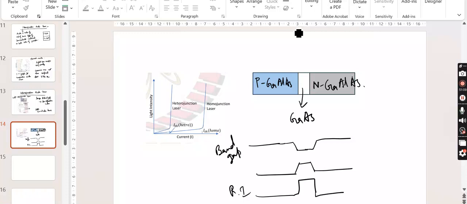So the electrons will be confined here and the holes are here. So they can now go here and there. And with the refractive index, the light can only emit from this side. Light on both sides will suffer total internal reflection.